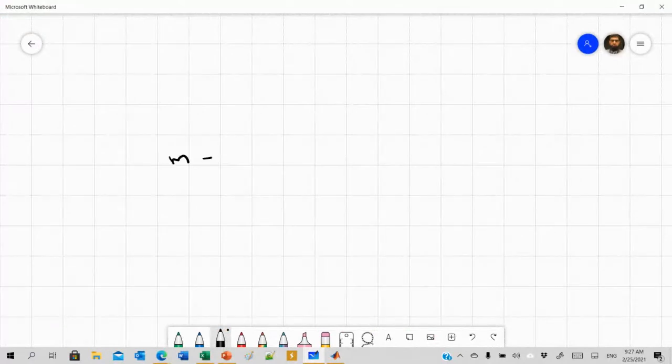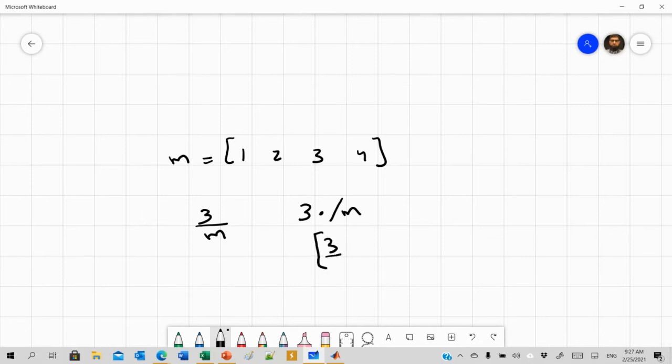Let's say I have vector mass, let's say 1, 2, 3, 4, and I say 3 divided by mass. Then 3 divided by what value? It doesn't know. But when I say 3 dot divided by mass, this means it is an element wise operation. It means 3 divided by 1, 3 divided by 2, 3 divided by 3, 3 divided by 4. So it does this operation on all the elements.